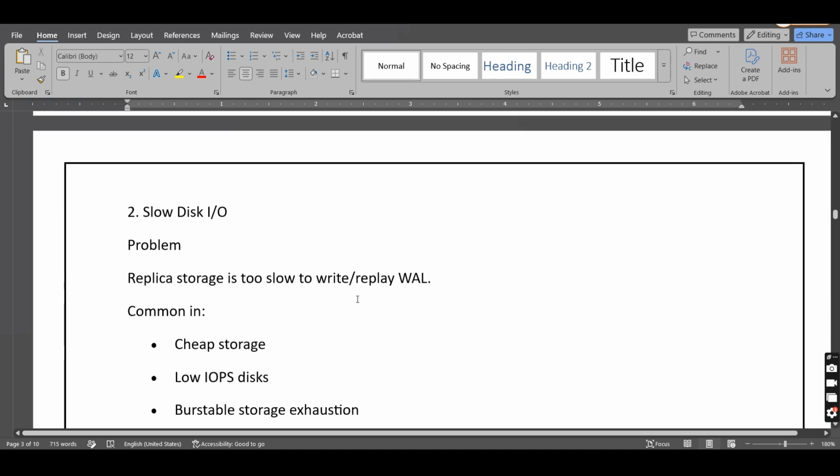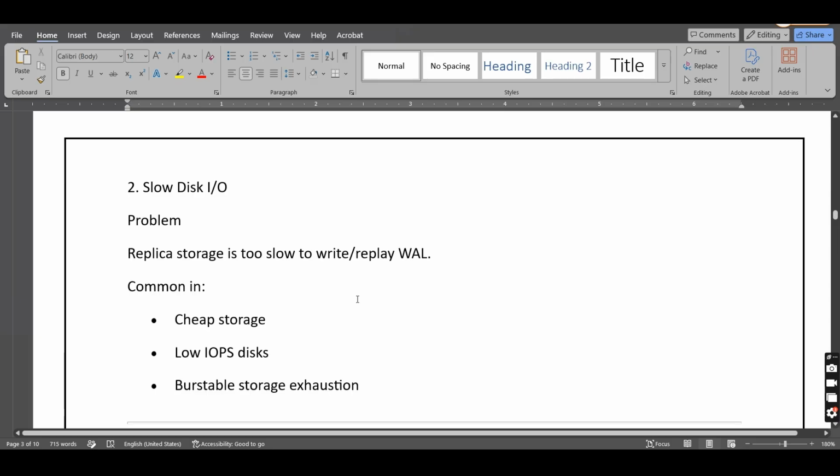Again, we have another root cause, that is slow disk IOPS. If your replica storage is too slow to write and replay WAL. Commonly, cheap storage, low IOPS disks, and burstable storage exhaustion will cause slow disk operations.